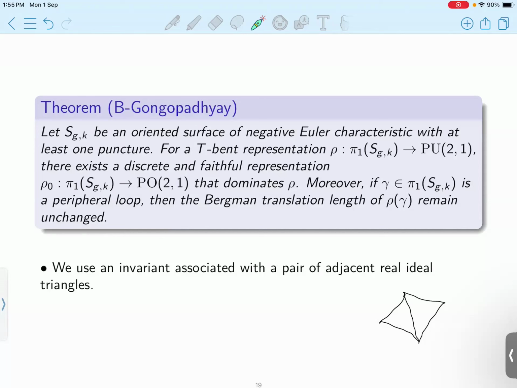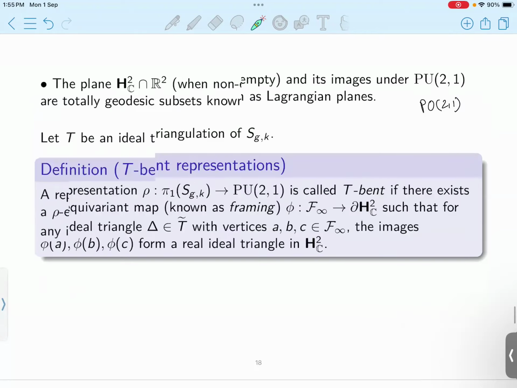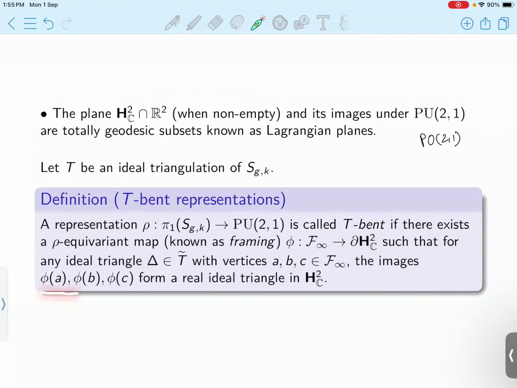I guess for PSp(2,1) that makes sense actually. Yes, exactly, you are absolutely correct. So if we have this kind of bending, for example in the T-bend representations, if you see the definition, we have defined it like phi A, phi B, phi C. They form a real ideal triangle. You know that complex planes are also totally geodesic subsets similar to the Lagrangian ones, right?